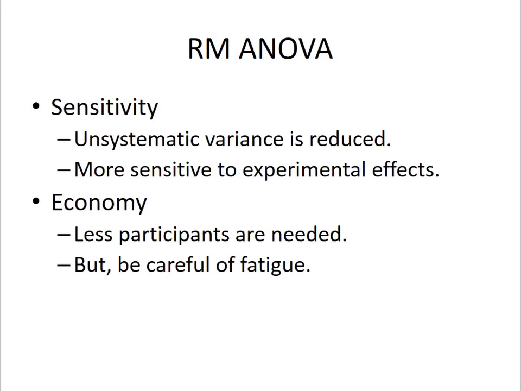But the nice thing about repeated measures is that they're very sensitive, which means that they get more bang for your buck for each participant. So generally I recommend repeated measures if you can. And anytime you do survey designs, it naturally is a little bit of repeated. So we're going to reduce unsystematic variance. That's the error variance, or the messy stuff, bad variance, which allows us to be more sensitive to these experimental effects.